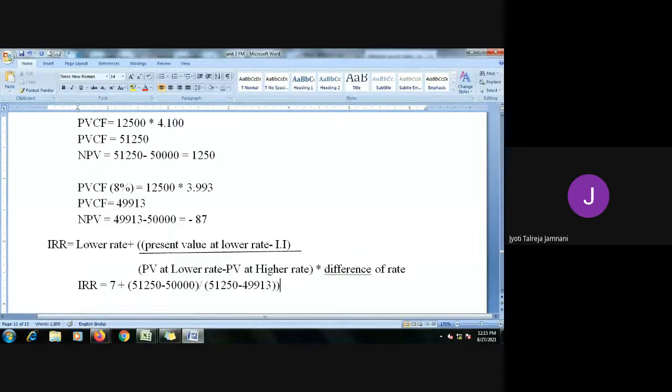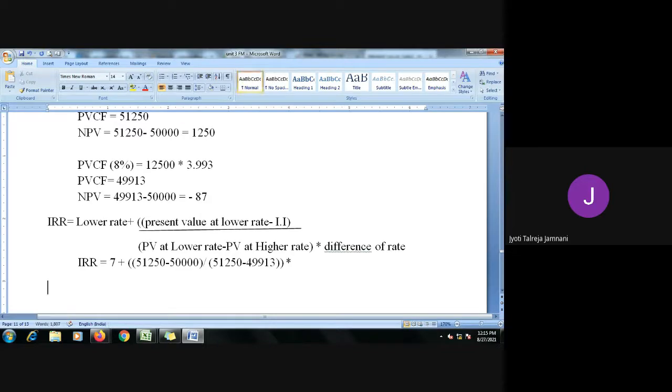This entire thing we have to multiply with the difference of rate, which is 1%, 8 minus 7. The difference you get is 1.